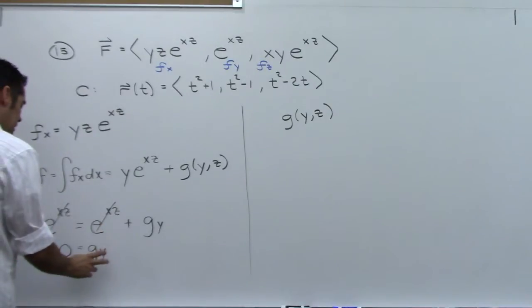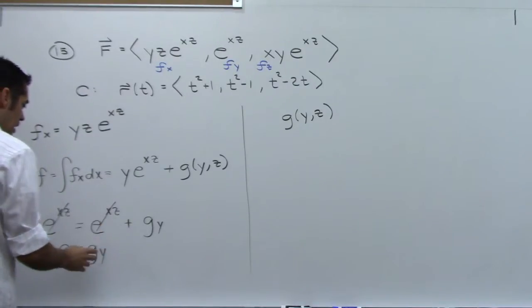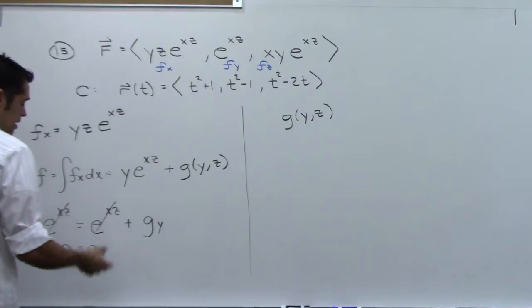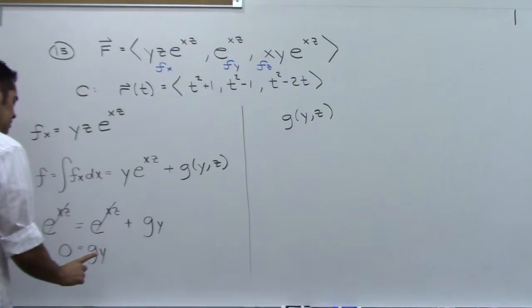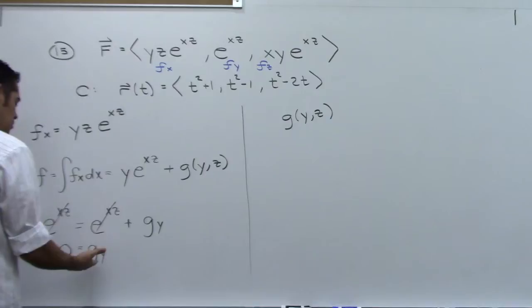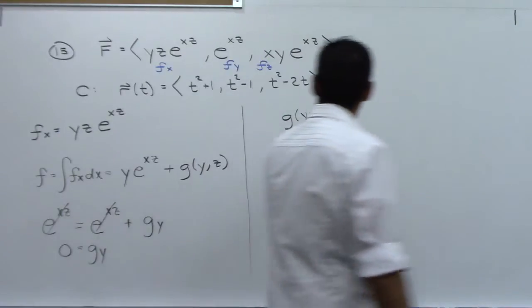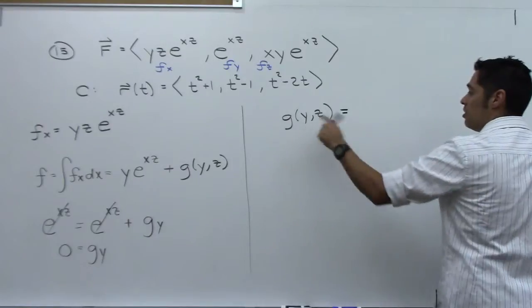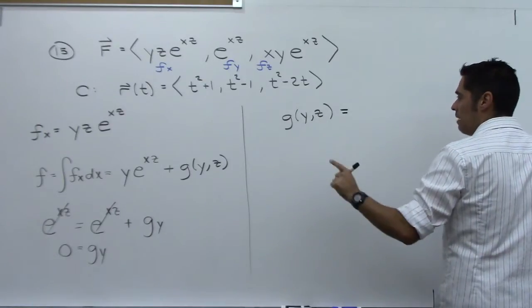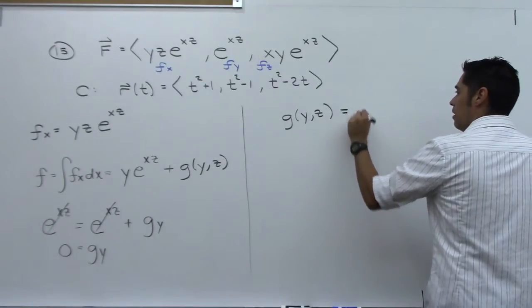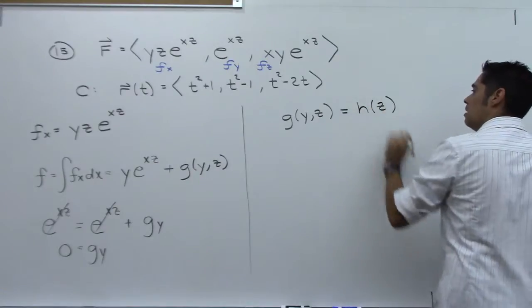So the only thing I could have in there in terms of y's are just constants. But I could have z's in there, because if I take the derivative of g with respect to y and I have some z's, those are all going to go to 0. So what I know right now is that this g function does not have any y's, but could have z's. So I'm going to call it some function of just z.